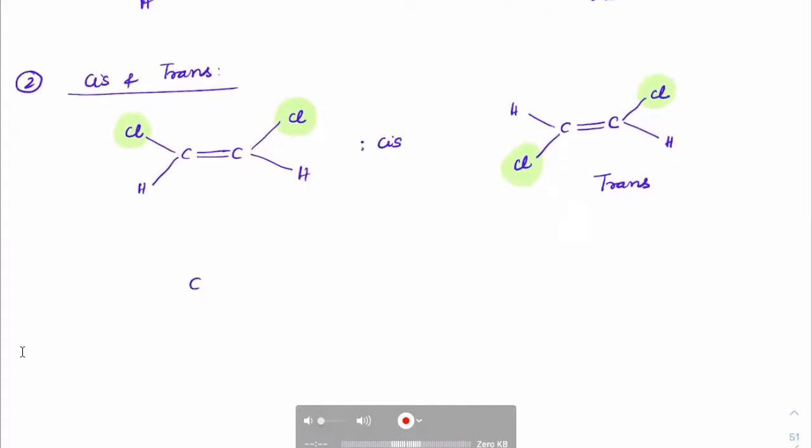Let me take one more simple case. Suppose you have C double bond C and I have methyl, ethyl, hydrogen and propyl, because I'm taking all different groups just to be clear with you. Now here you will just check the more bulkier groups. Ethyl is more bulkier on the left hand side, propyl is more bulkier on the right hand side. So we'll simply call it cis.